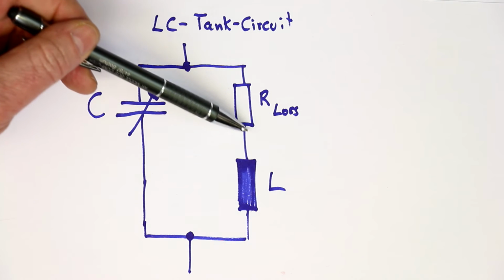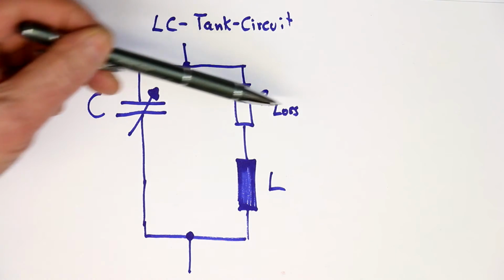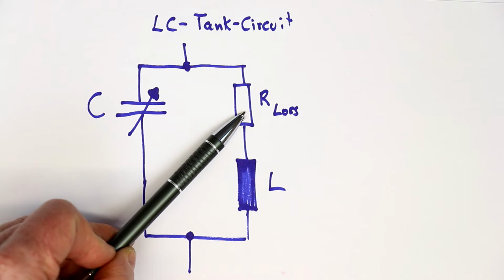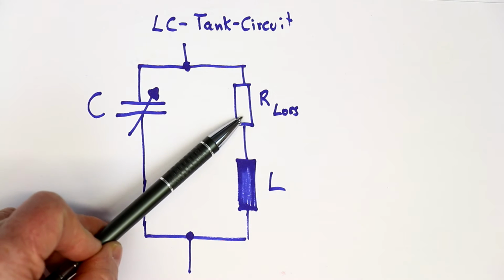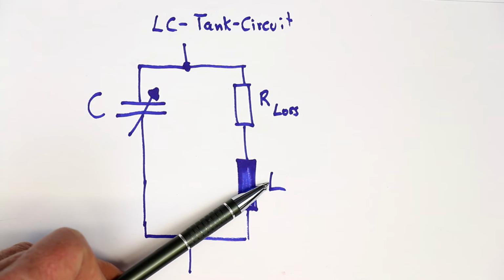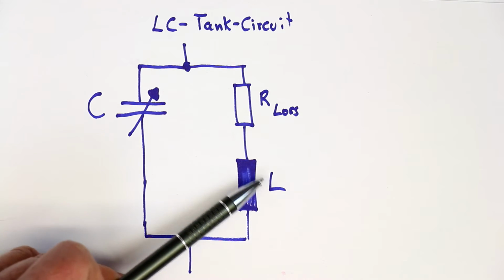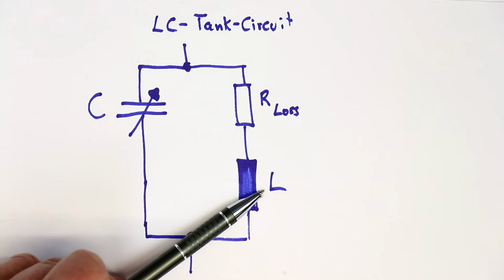Then the current goes 1 million times per second through at least the ohmic resistor here, because we always have a resistance in an inductor, we can't get away with that, except perhaps if we have a superconducting coil, which is usually not available for amateur radio purposes.